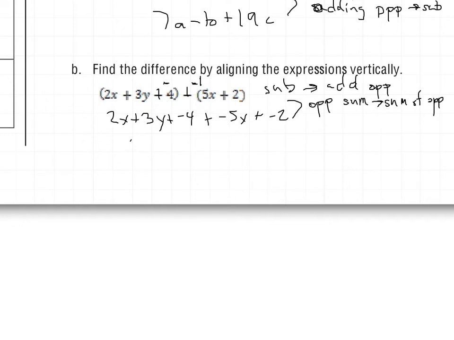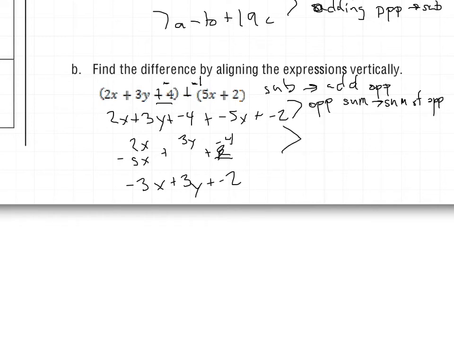2x plus the negative 5x plus 3y, and there are no other y terms, so there's really nothing else to add there. And with our constants, negative 4 plus negative 2, and that's going to give me negative 3x plus 3y plus negative 6.